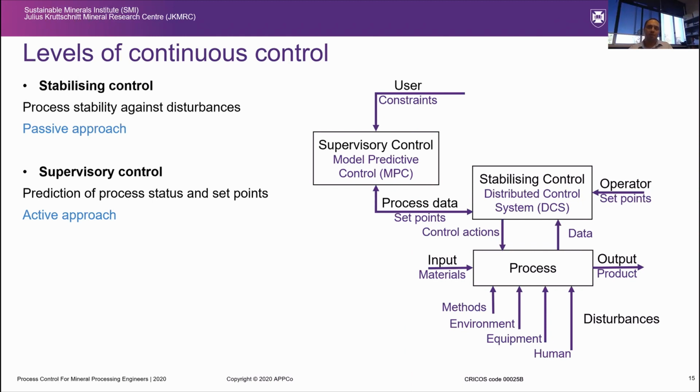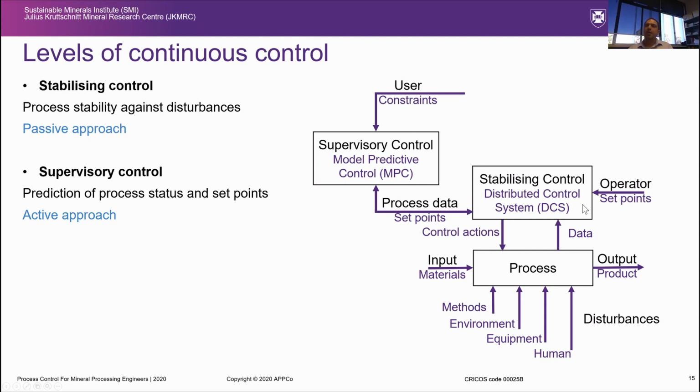is the supervisory control, which means that actually you can use models that can run in parallel to your stabilizing control and use the processing details as well as process constraints to start calculating desired set points for your stabilizing control.